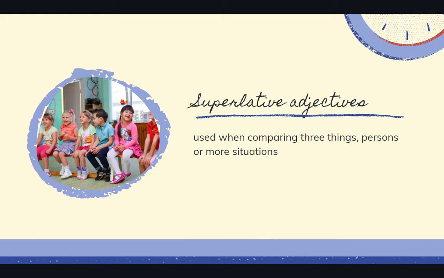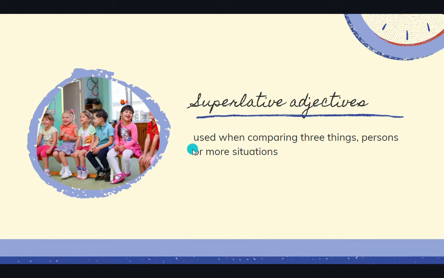What is superlative? Just like comparative adjective, superlative adjective is also for comparing. Sama seperti comparative adjective, superlative adjective juga adalah digunakan untuk perbandingan. Okay? Superlative adjective is used when comparing three or more things, person or situations.